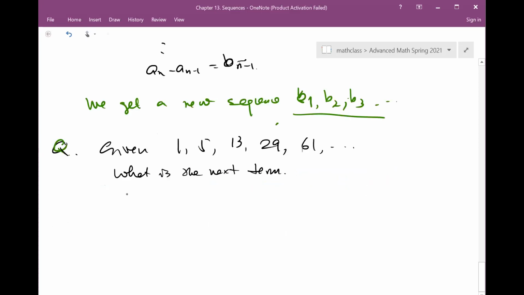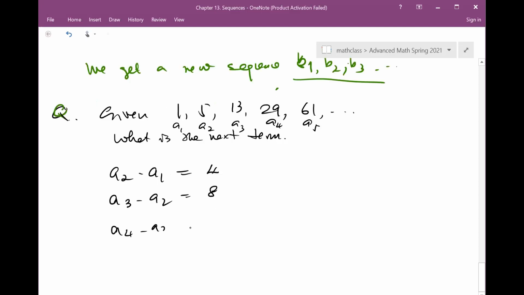So let's take the difference. Just for that, we may be able to figure out the general term. So how can I figure it out? Let's say this is A1, A2, A3, A4 and A5. So A2 minus A1 equals 5 minus 1, which is 4. A3 minus A2 is 13 minus 5, which is 8.